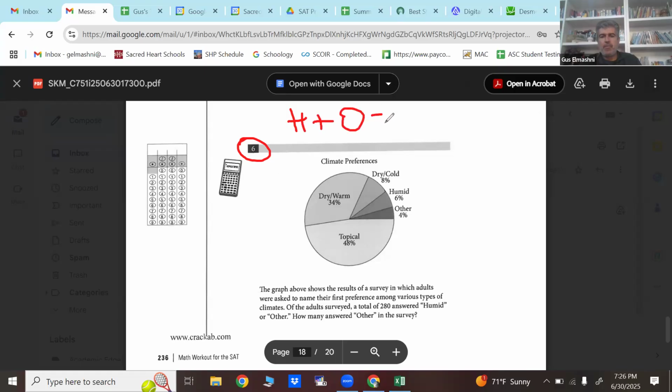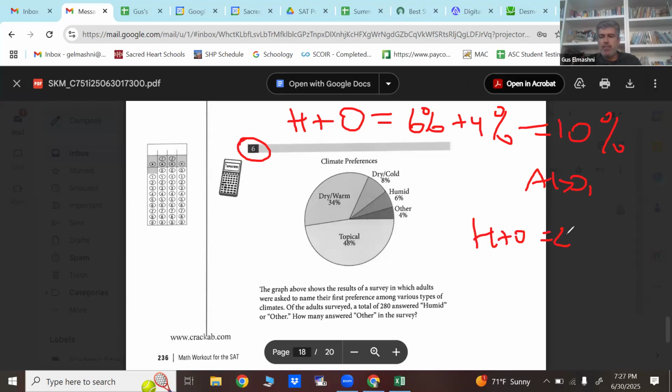So 280 is human and other together, which is 10%. So think like this: H plus O equals 10%, right? Does that make sense from the pie chart? Then also they say that human or other add up to 280. Also, doesn't H plus O equal 280? Because it said so, right?